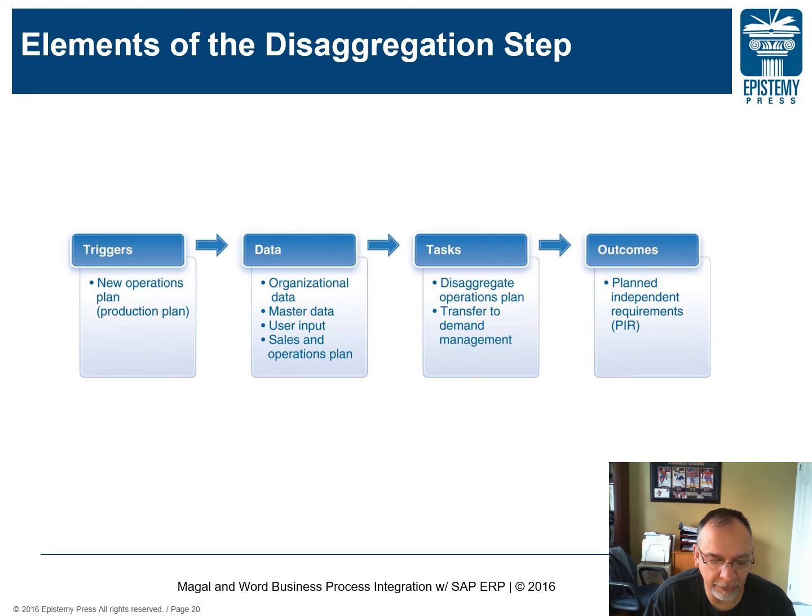The trigger is a new production plan, the data groups, the production plan from SOP, user input, the tasks translate plans generated in SOP steps for product group into plan for materials contained in those groups. Outcomes are planned independent requirements for each planning period. These requirements are transferred to demand management.